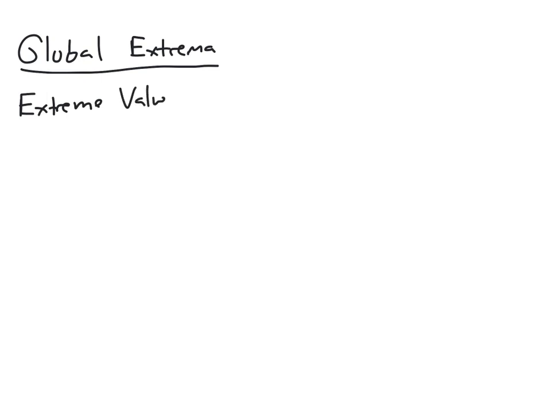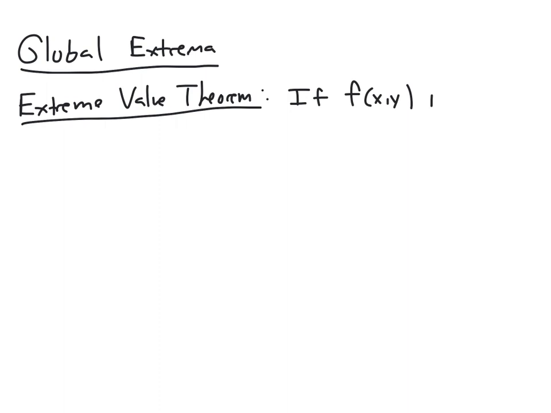So the extreme value theorem says the following. It says that if I have a function f of x, y, and it is continuous on a closed region, a closed bounded region. I'd just mention what closed means.